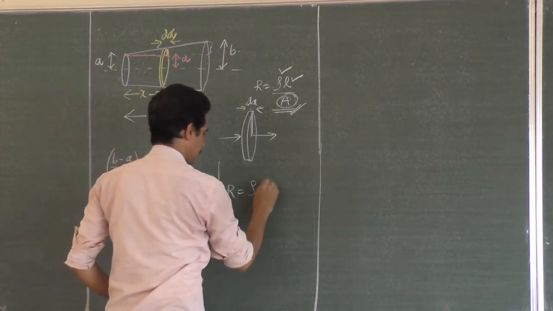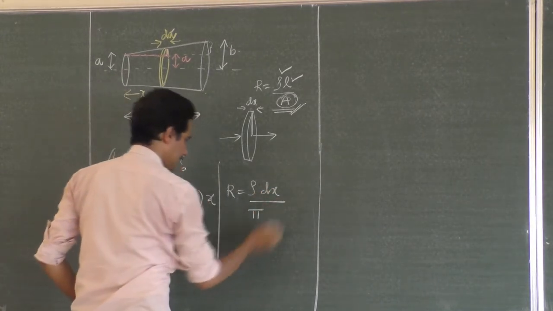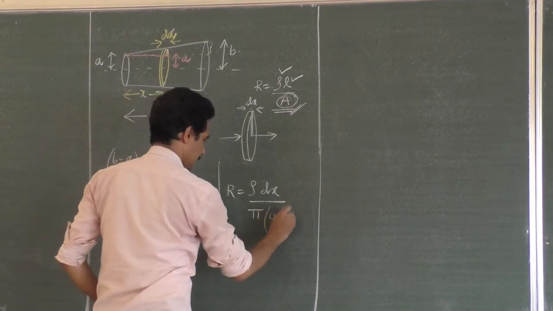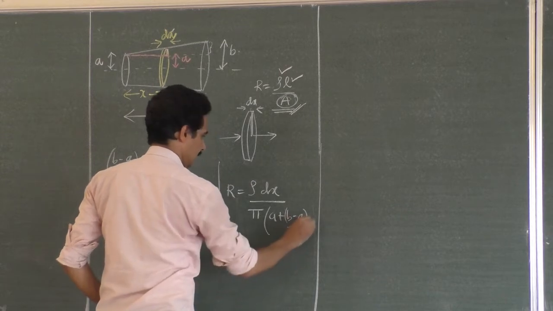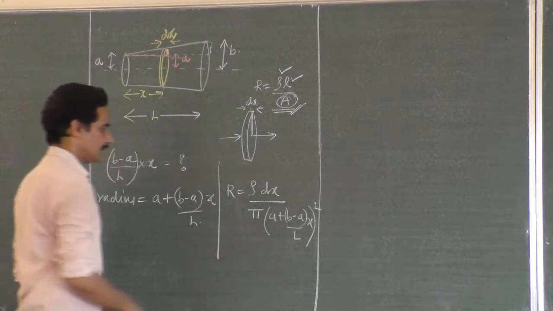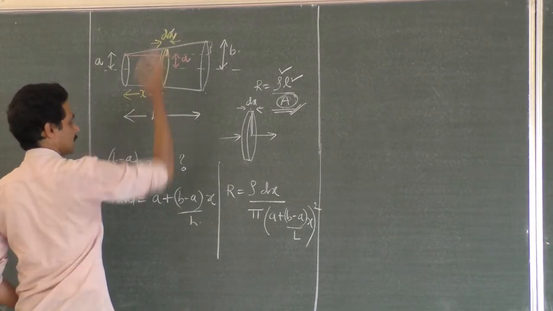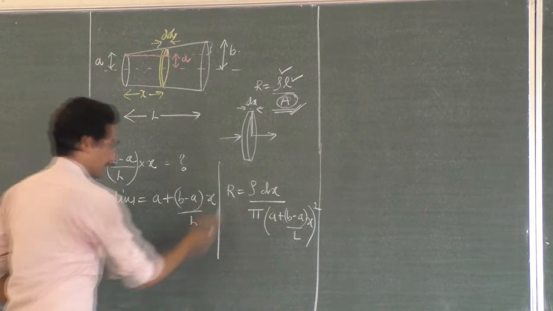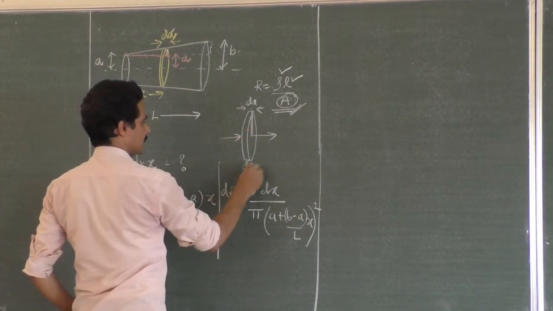Area is pi r square, where r is a plus (b minus a) by L into x, the whole squared. Radius is the total a plus this extra increase. I write this as dR because it is the resistance of the small piece.